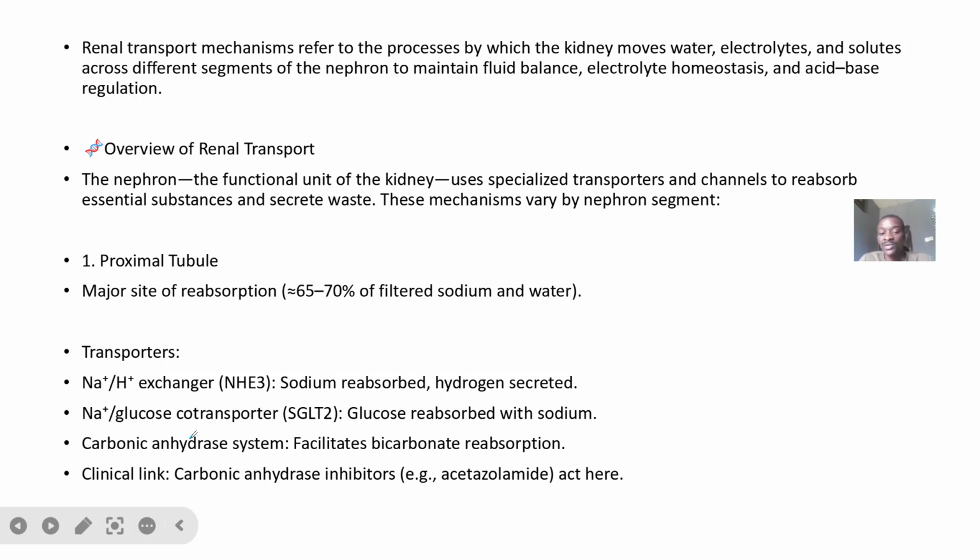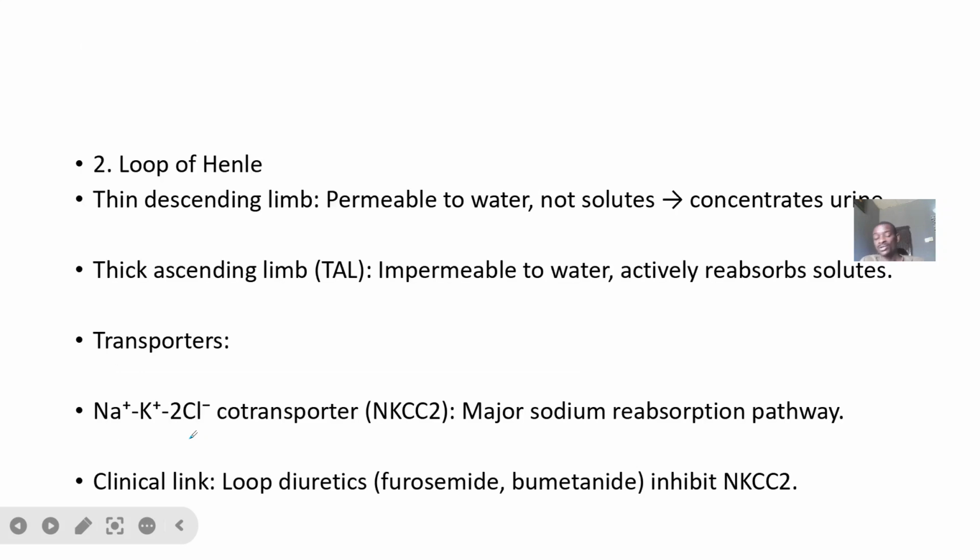We have the carbonic anhydrase system that facilitates bicarbonate being reabsorbed back into the body. Clinical importance: if you understand how the proximal convoluted tubule functions, you understand how diuretics that act around that place should act.